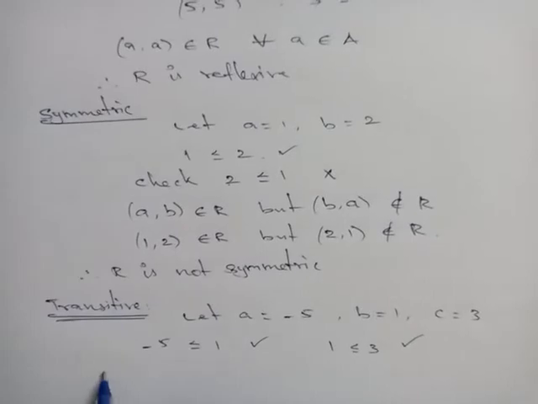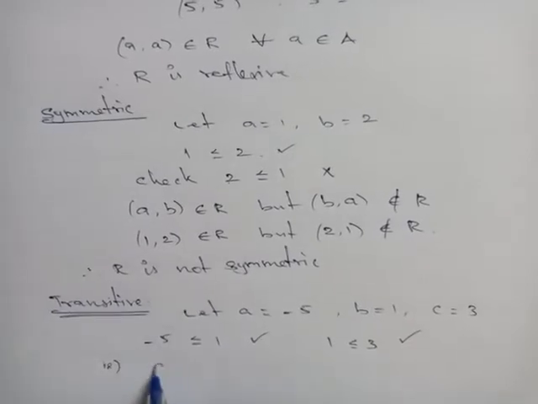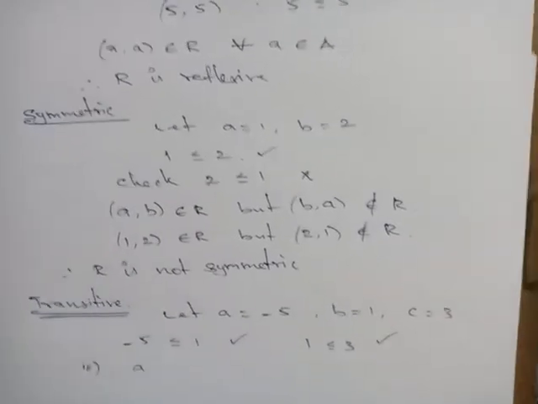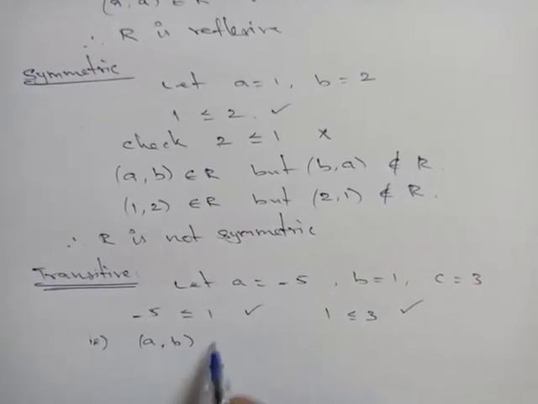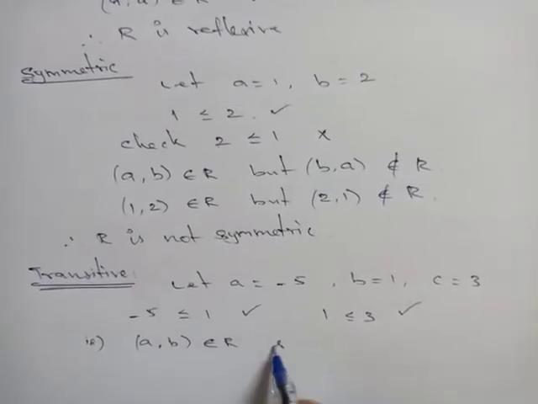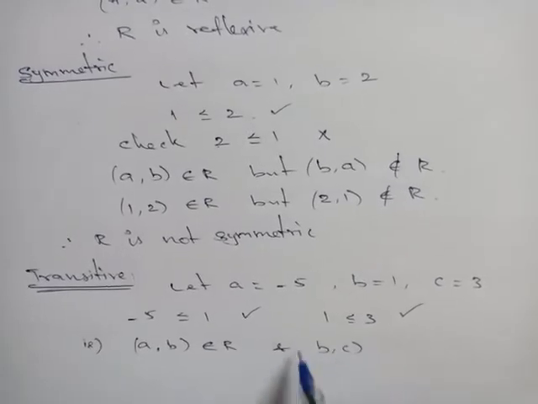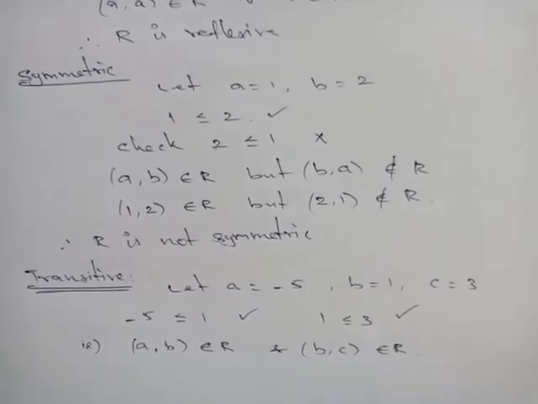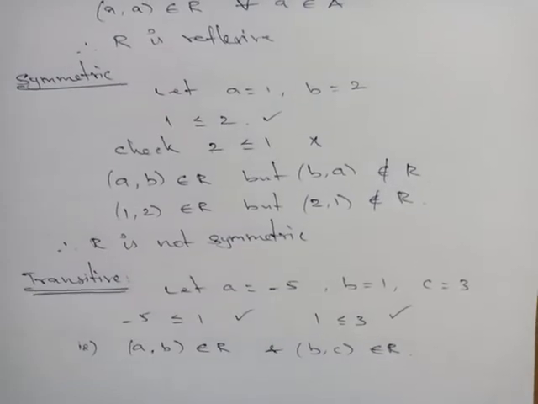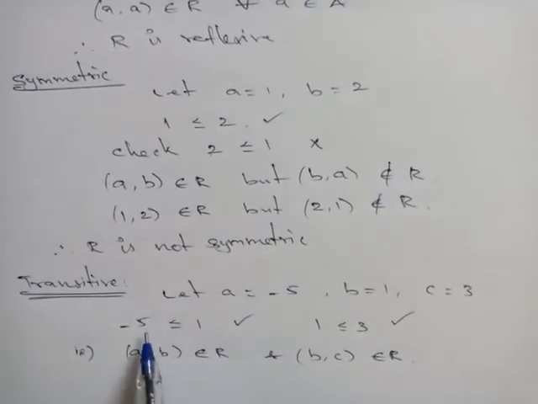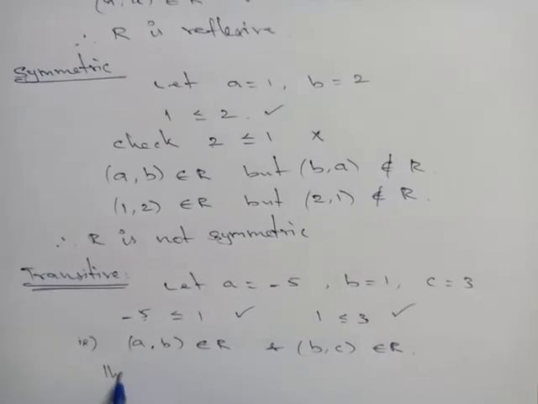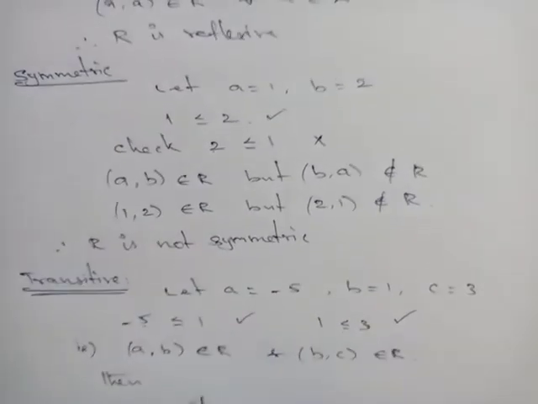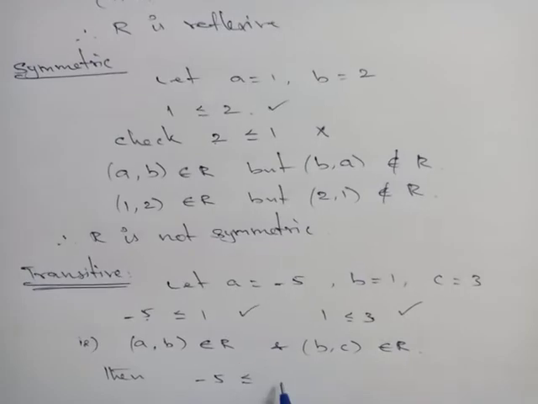That is, a comma b belongs to R and b comma c belongs to R. Like this we are taking. Then now we have to prove minus 5 is less than or equal to 3, correct? Minus 5 is also less than or equal to 3.